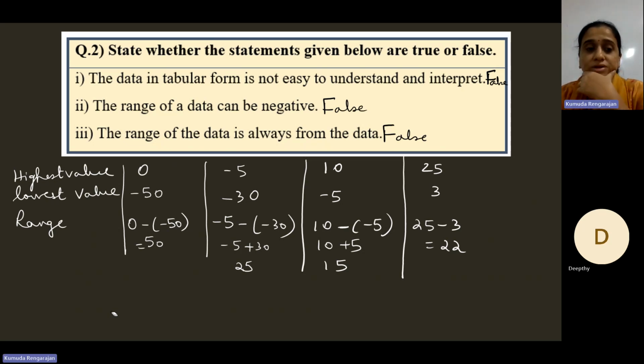If you haven't, please do it now. Just write these examples of highest values, lowest values, and range.